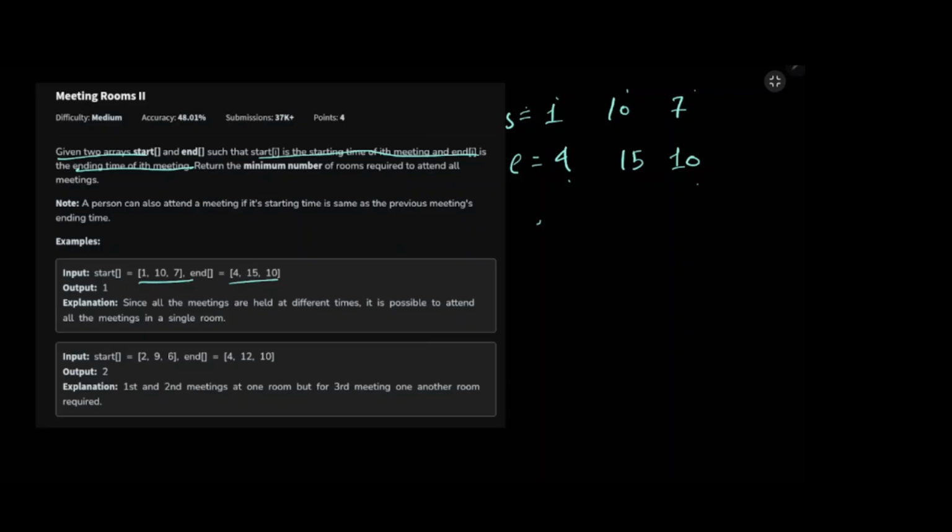Let's say 1 to 4. So that's the timeline. Then we can do 10 to 15. Then we have 7 to 10, which is this.